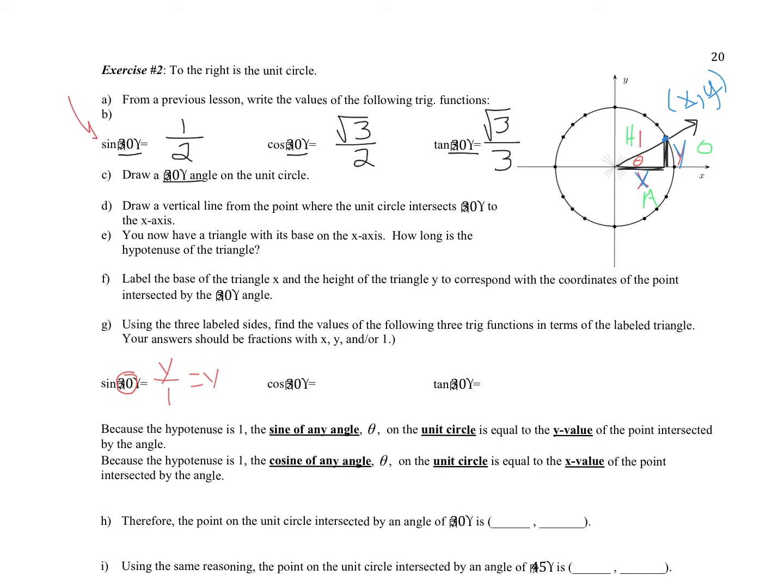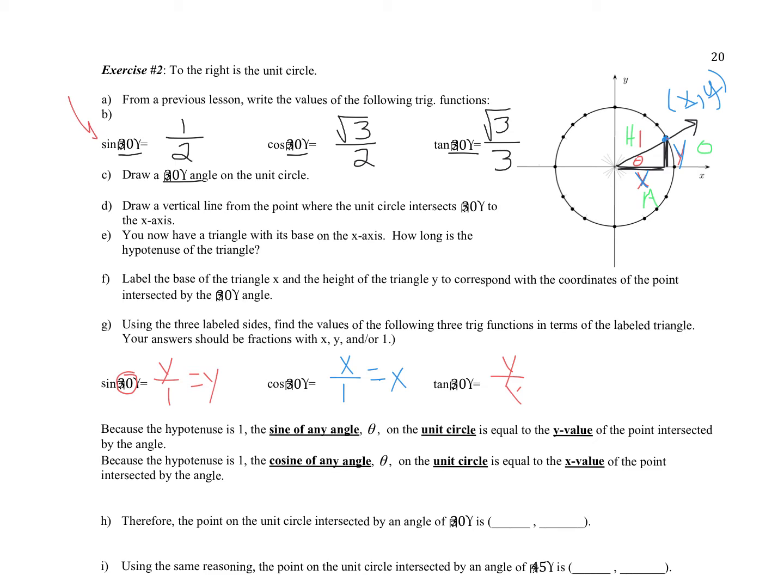X is the adjacent. So for cosine of 30, we get x over 1, which is x. And for the tangent of 30, we get opposite over adjacent, so y over x, which doesn't reduce.